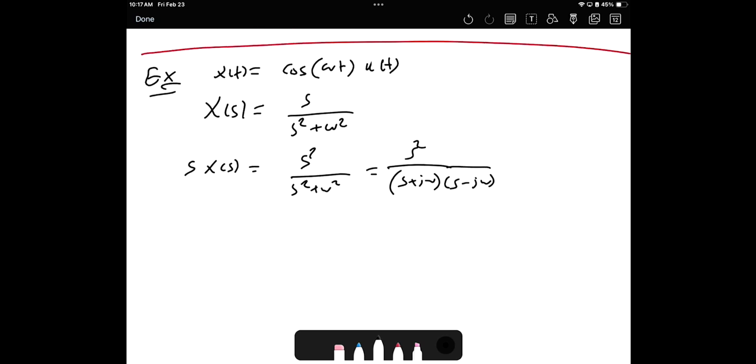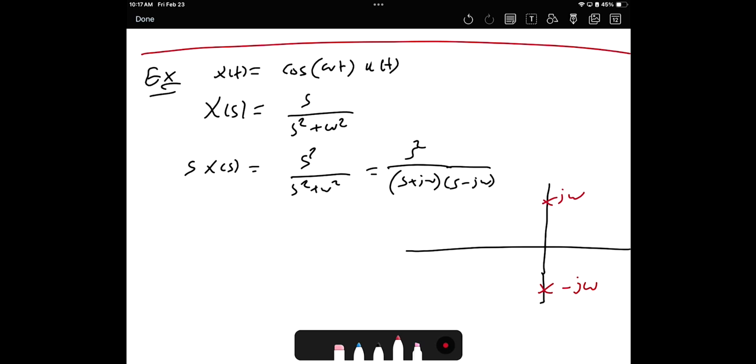So by looking at the s-plane below, you will see a pole at j omega. My main target is to look for the poles like this. You're looking at the poles at plus and minus j omega. You will see these two are located on the imaginary axis.